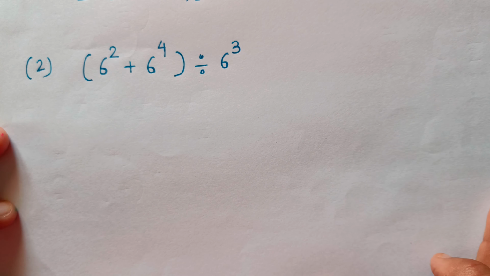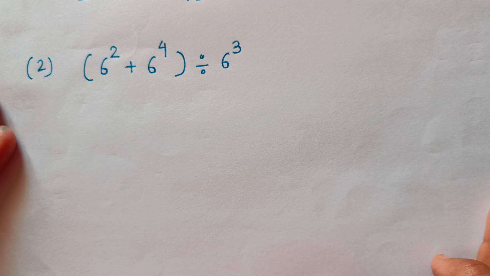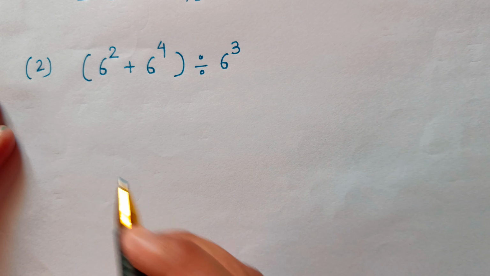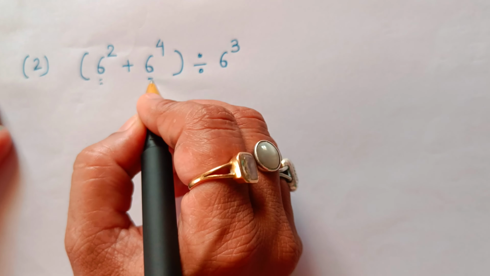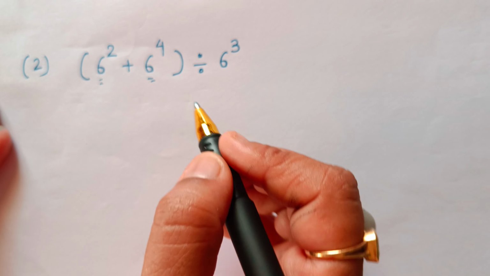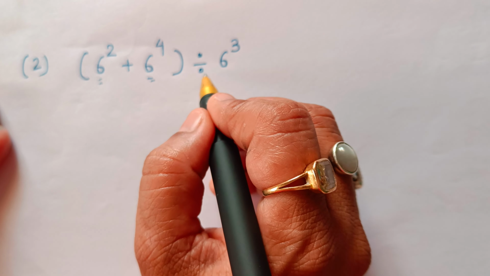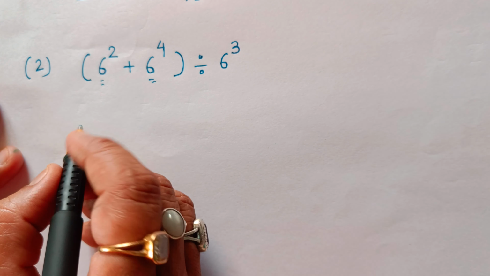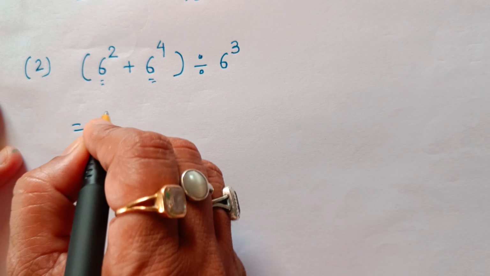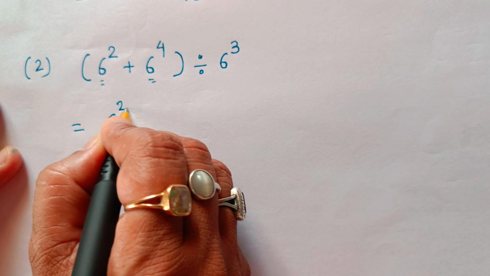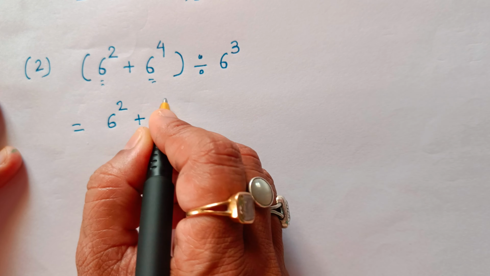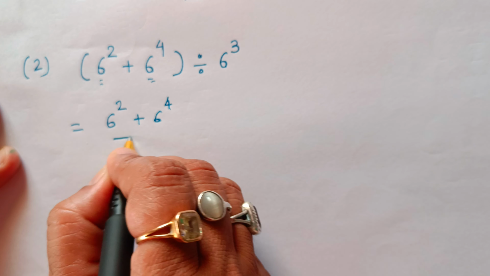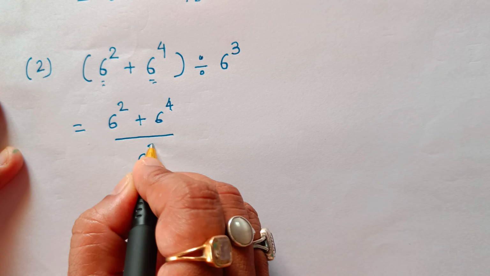Now children, in this sum, 6 square plus 6 raised to 4, whole divided by 6 cube. Here the base is the same but there is addition, and 6 cube is in division. So first, children, we divide: 6 square plus 6 raised to 4 divided by 6 cube.